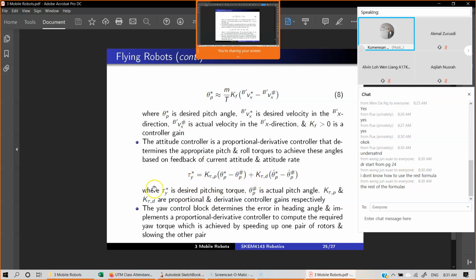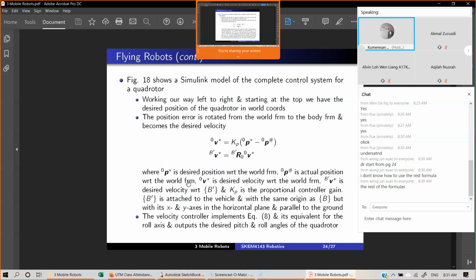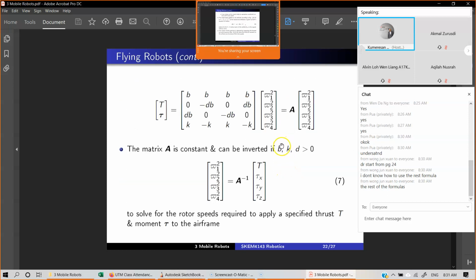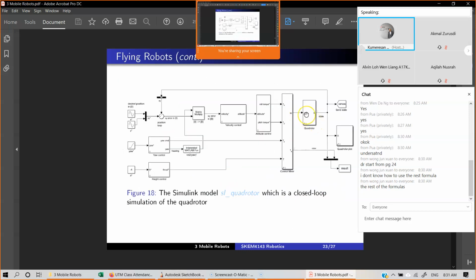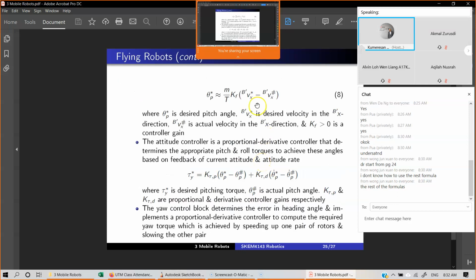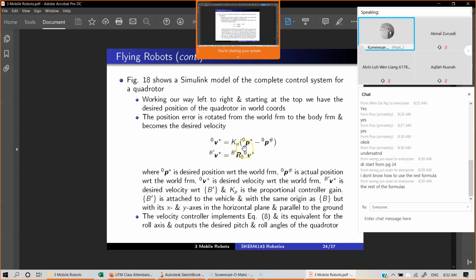And then the output of the attitude controller goes to the control mixer. The output of the control mixer is omega. So omega goes to the quad rotor. So this is a controller equation. So given, for example, a desired position, you have to compare with the actual position, and then you can generate error, and this is the control output, right? Control signal.